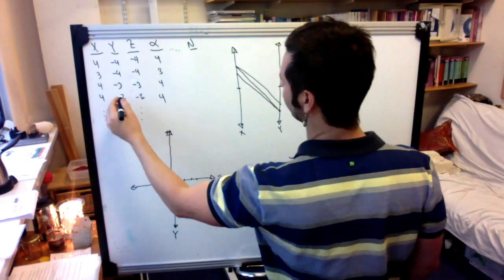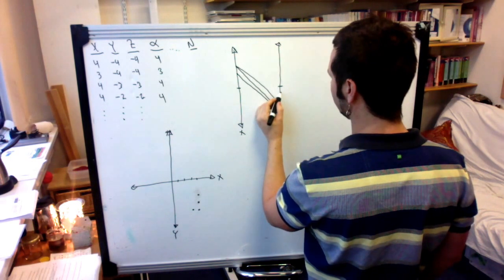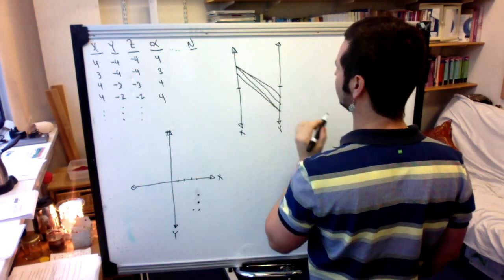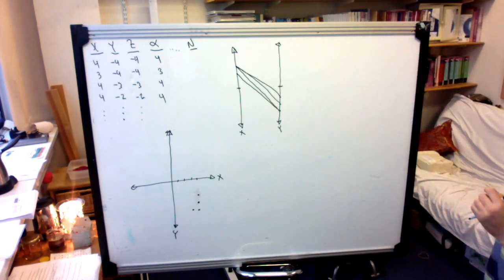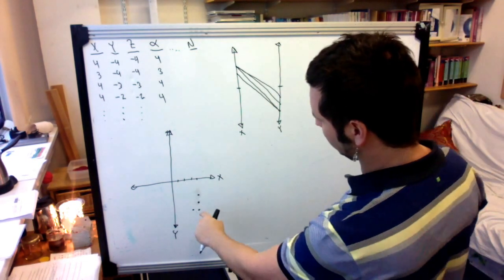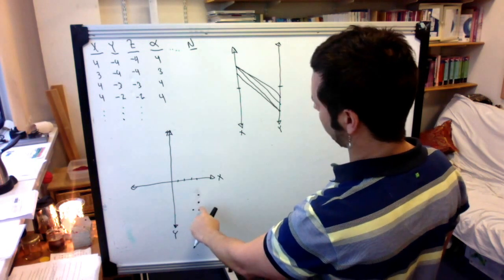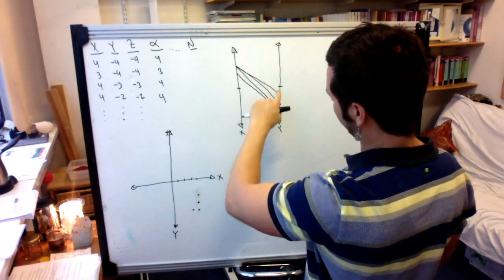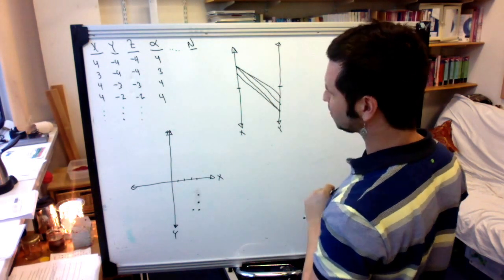And then we have 4 and -2. So it looks something like that. So those same 4 data points in Cartesian coordinates turn into 4 edges in parallel coordinates.